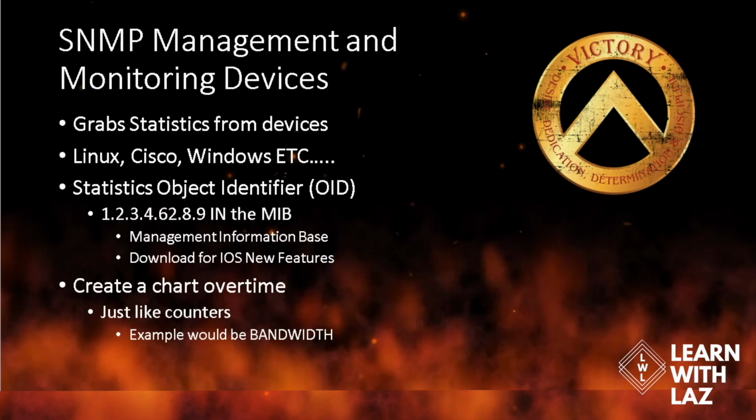So, you use get or set. It all depends on whether you have read-only or read-write access. Normally, they recommend you only use read-only access, because if somebody gains access to your SNMP management server and you left it open because you're not following proper policies and procedures, and you set the community string, which is what you configure on the router, to read-write, they can actually change the information through the server.